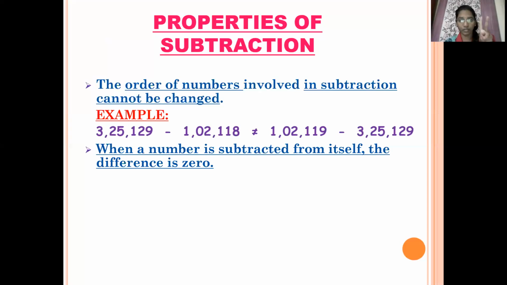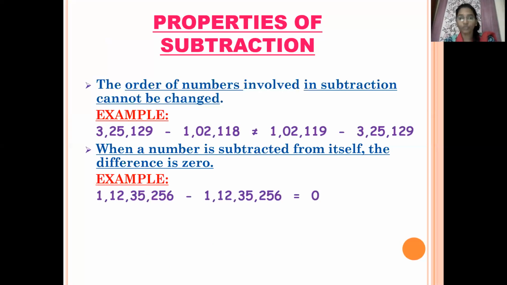This is the second property. Example, 1,12,35,256. When you subtract it from 1,12,35,256, then the result is 0.